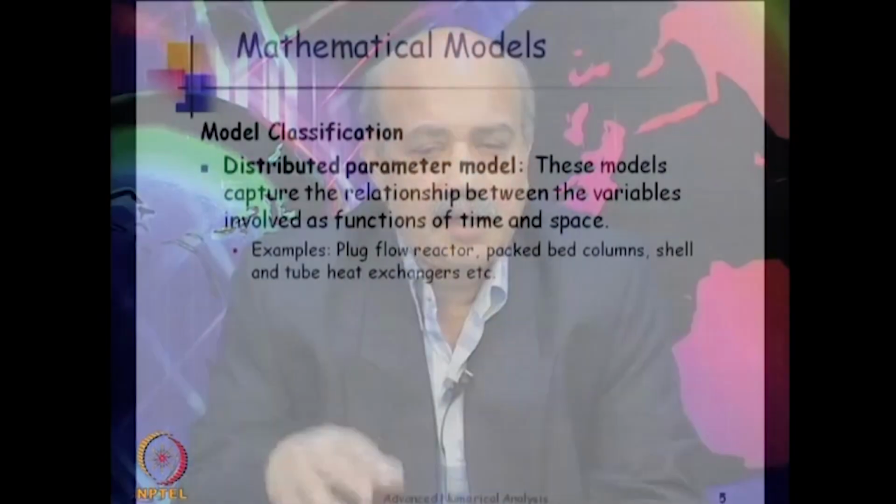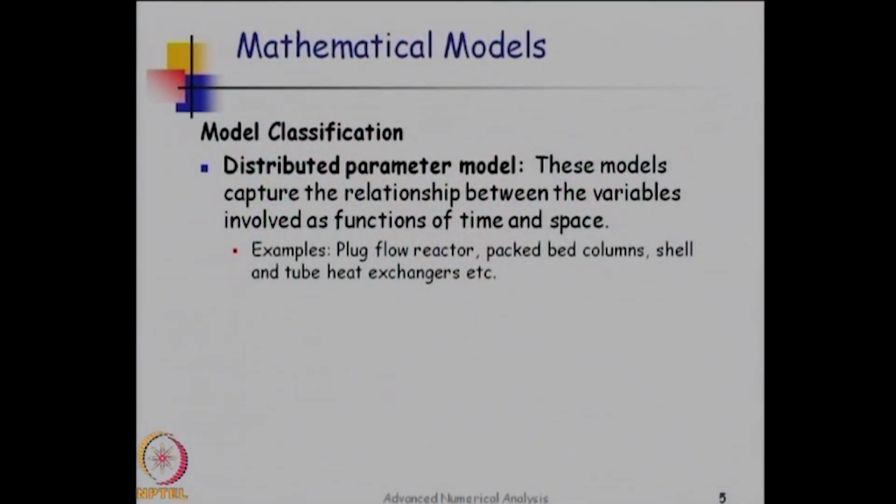Well, from a mathematical viewpoint, how do I classify these models? We can have a variety of classifications, but one classification that is relevant to this course, which will show up in a different way in terms of classes of model equations that we investigate, is into distributed parameter models and lumped parameter models.